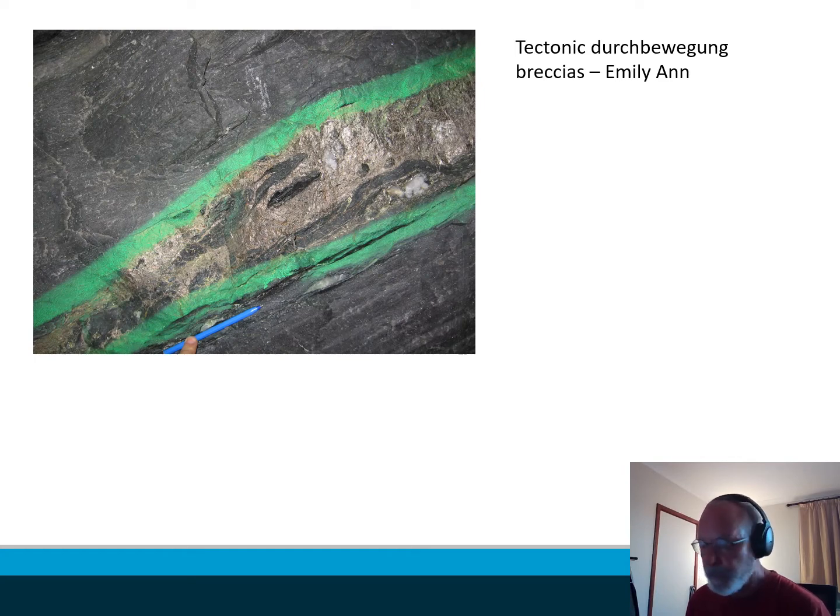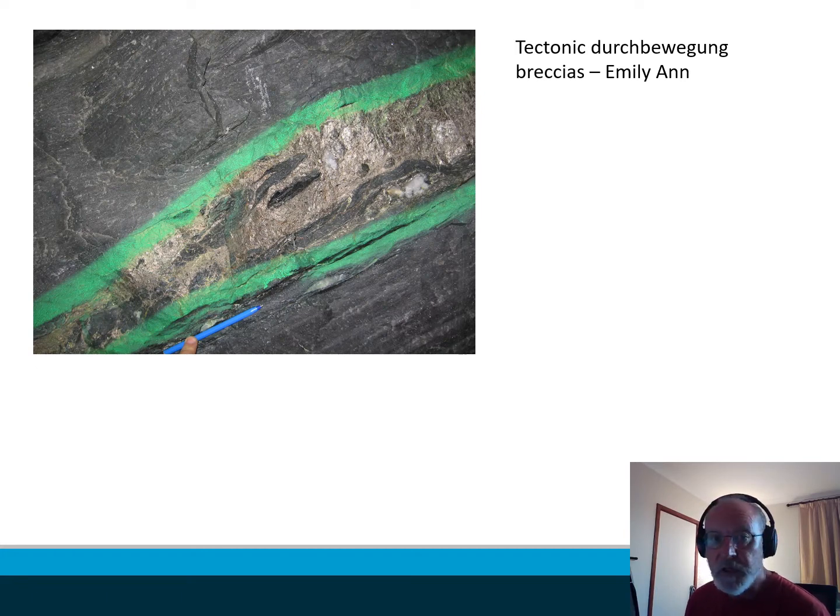Some of the breccias that we see are genuinely breccias in the sense that they are fragments of rock incorporated in another rock as a result of purely tectonic processes. So we'll call these things tectonic breccias. They've often got this horrible German name, Durchbewegung, which means cutting through.